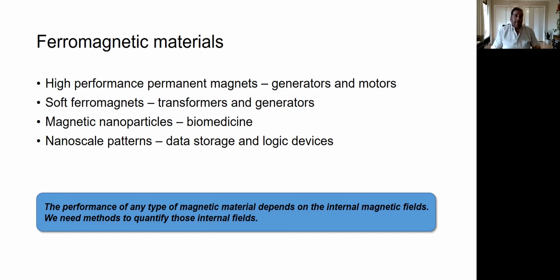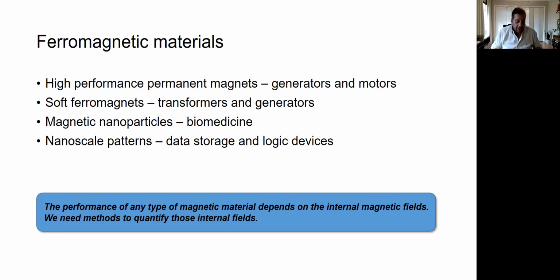Now, of course, all these different types of magnetic materials, different applications, but the physics of magnetism is the same for all of them, right? It's electrons, and what are the electrons doing? And the question we deal with is the fact that the performance of any type of magnet depends on this internal magnetic field, the fields that are made out of the electrons and the atoms, and how the atoms are put together, and so on.